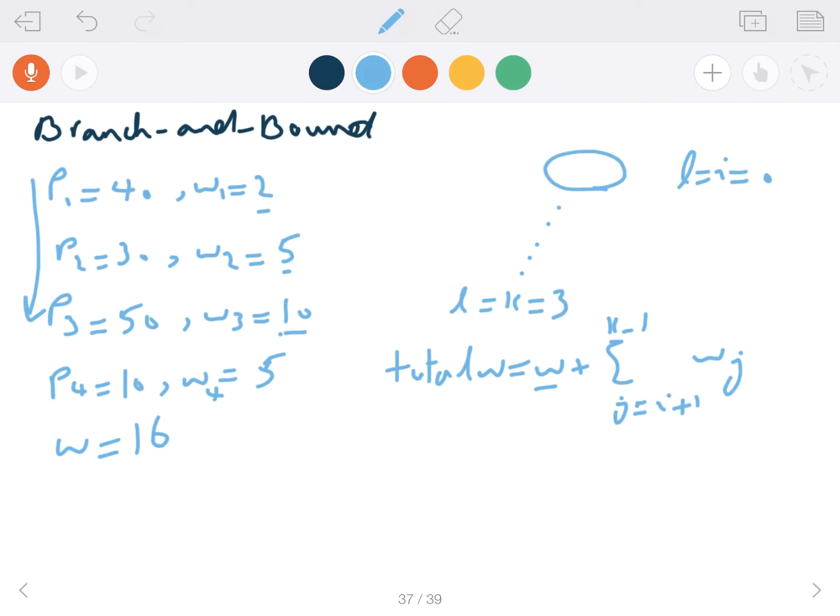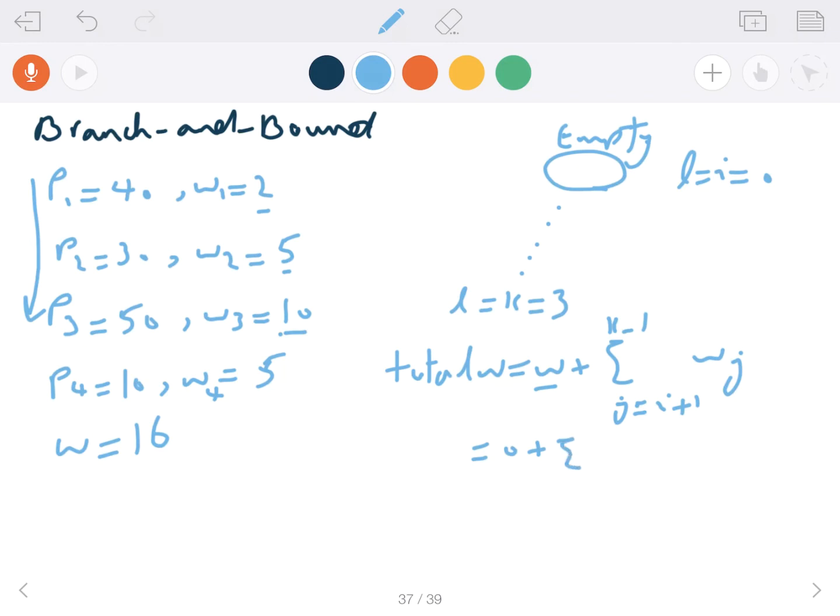So let's see in this example what's going to be the total W when we have k equal to 3 and I equal to 0. We are going to see what's going to be the maximum bound at the first level, where we haven't had anything yet. So we have an empty bag. Here the total W will be equal to 0 at first because we haven't picked anything yet, I is equal to 0.